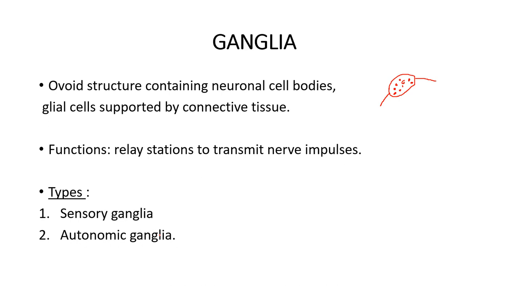Before going on to each with details, both types of ganglia have some features in common, like a connective tissue capsule which is covering the whole of the ganglia. This is the connective tissue capsule, and it is continuous with the connective tissue throughout the substance of the ganglion.